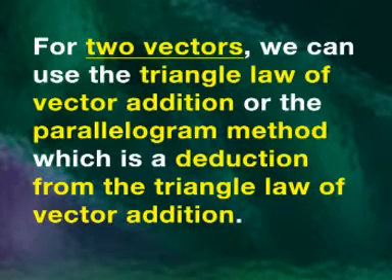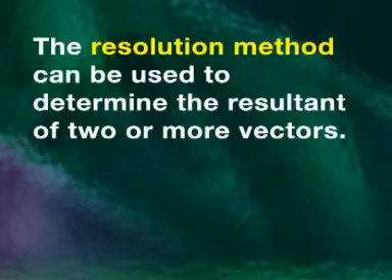Note that since the resultant is obtained from the addition of vectors, for two vectors we can use the triangle law of vector addition or the parallelogram method, which is a deduction from the triangle law of vector addition. The resolution method can be used to determine the resultant of two or more vectors.